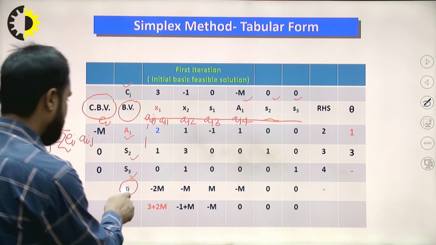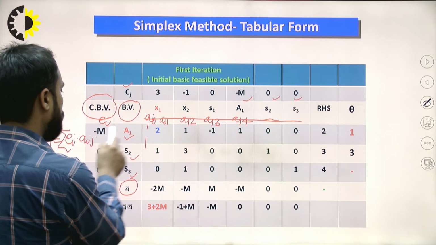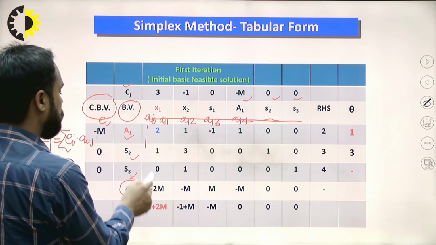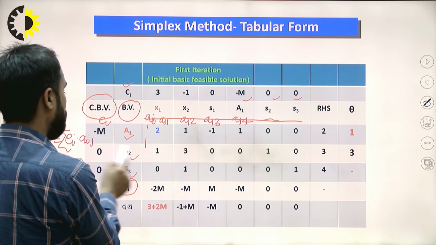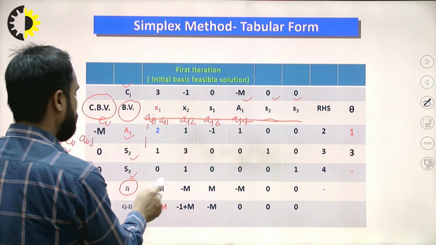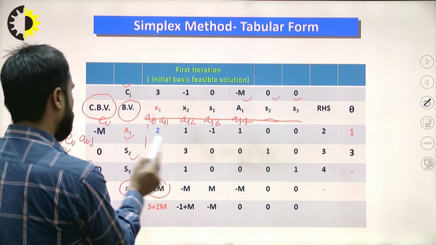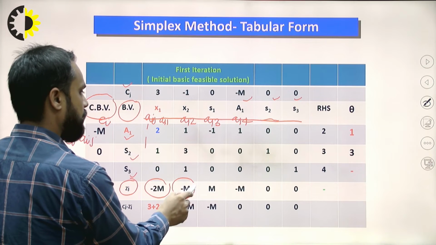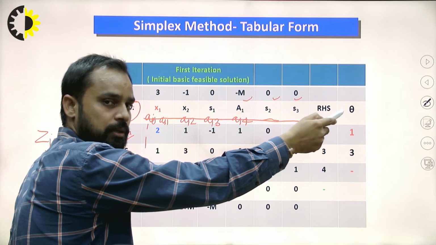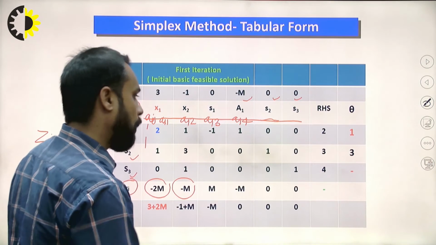So how do we obtain Zj? 2 into minus M is minus 2M, plus 1 into 0, plus 0 into 0, so it becomes minus 2M. 1 into minus M, 3 into 0, 1 into 0 becomes minus M. Similarly we can calculate all the values.